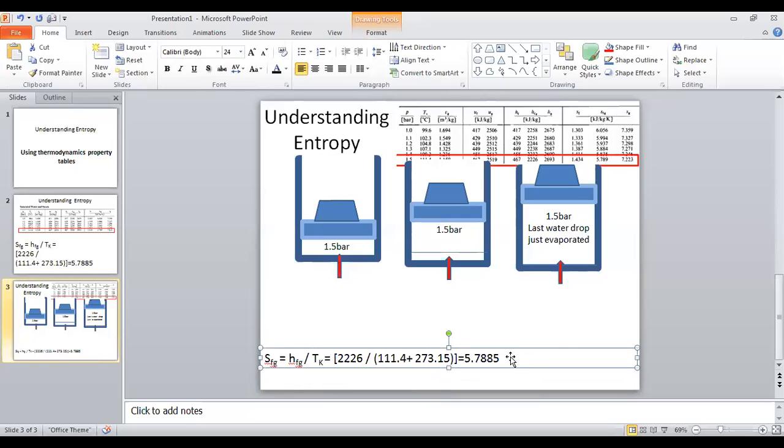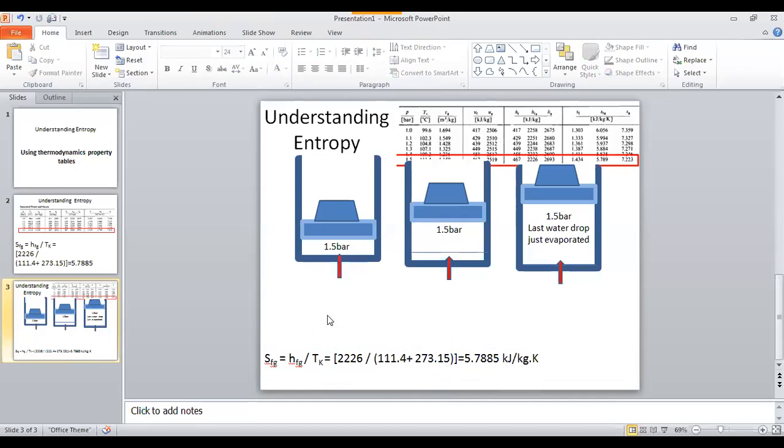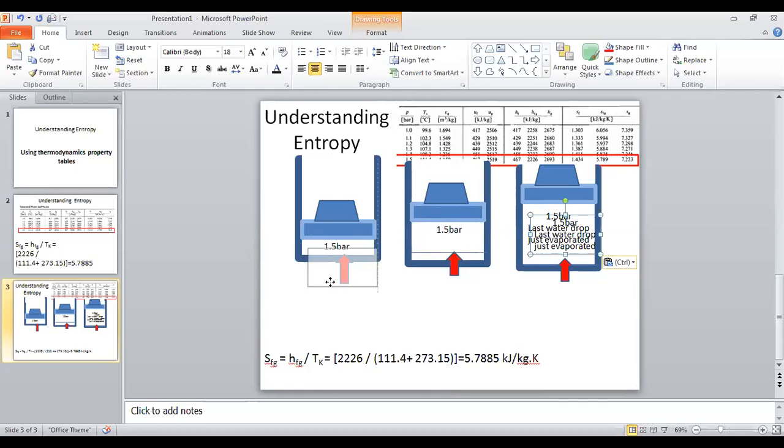Kilojoule per kilogram per Kelvin is the unit here for the entropy increase. So let's say now from here to here, this is just 1.5 bar. Here the last water drop evaporates.